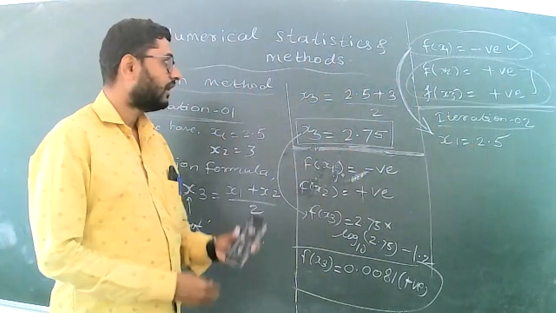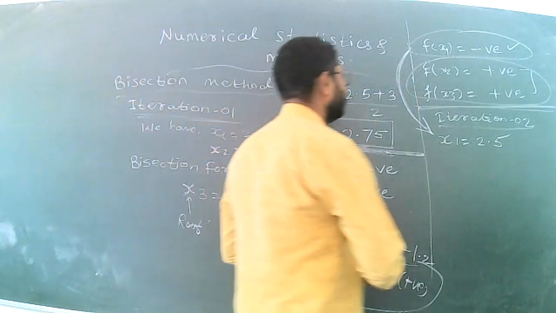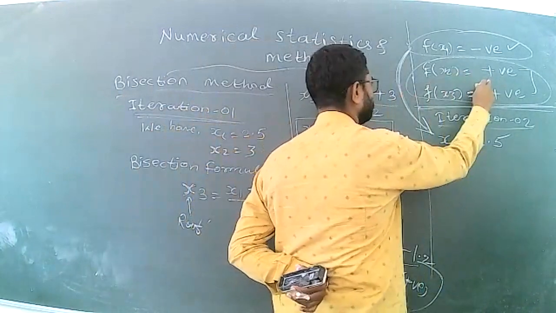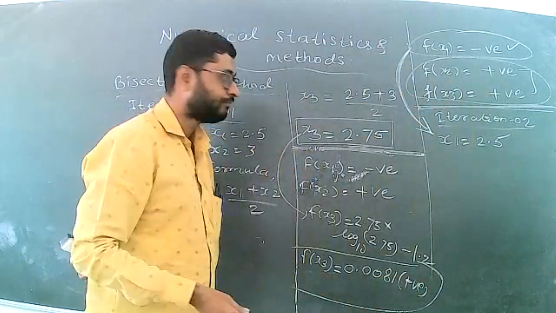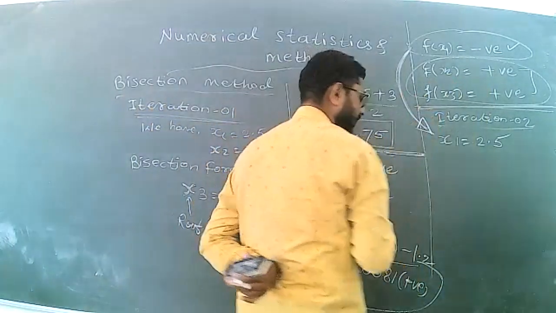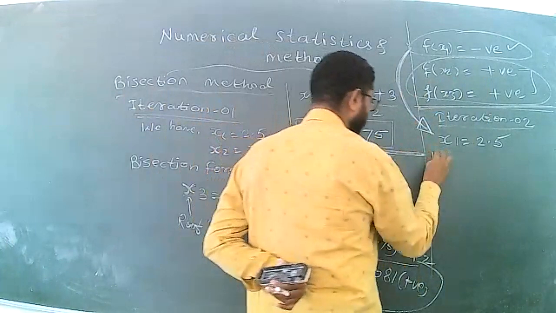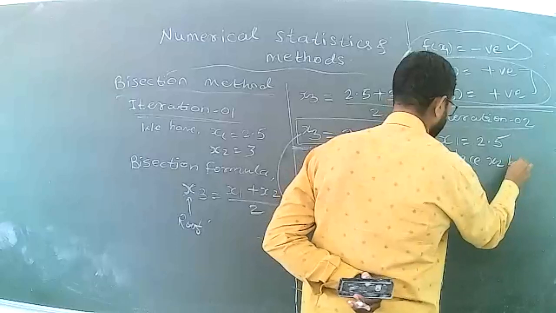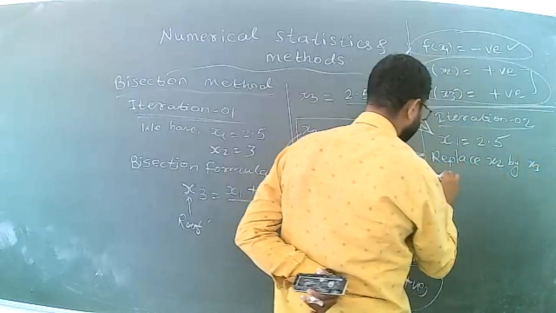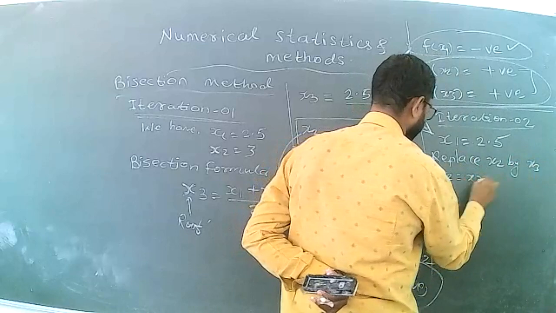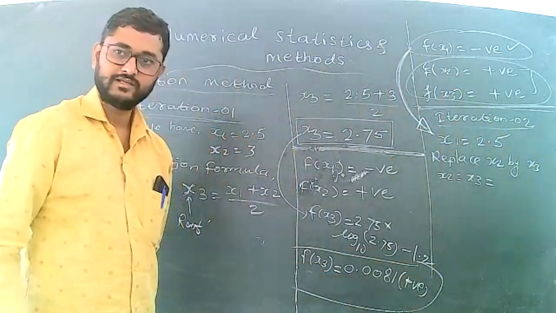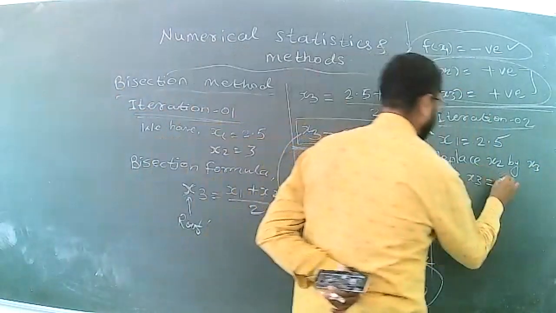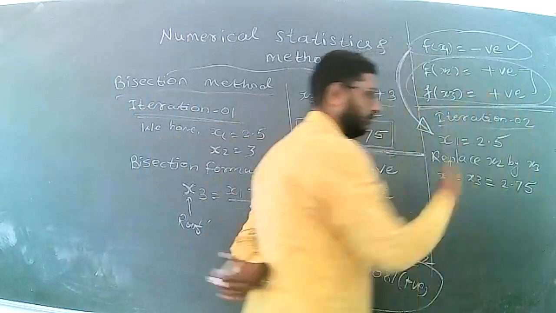But what about x2? Here f of x2 is positive and f of x3 is positive. So for x2, replace x2 by x3. Take x2 as x3, the new root of the equation that we have already found, x3 equal to 2.75.